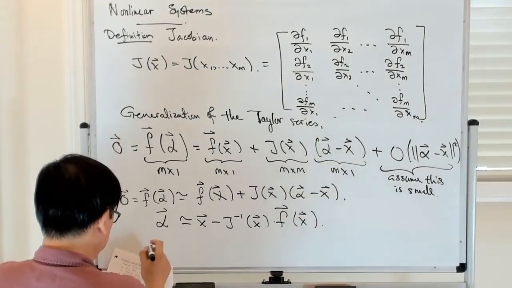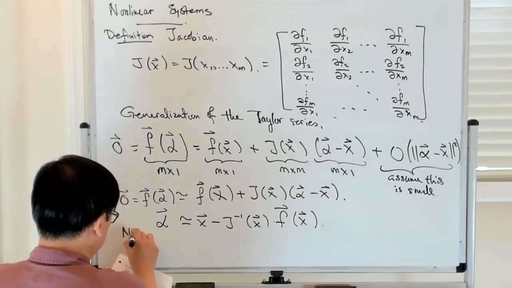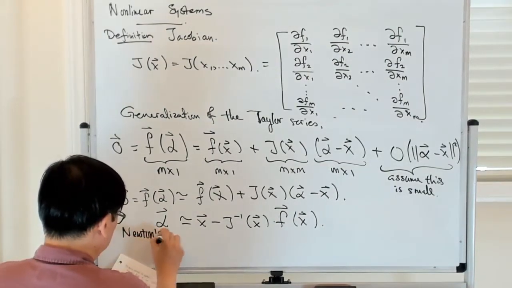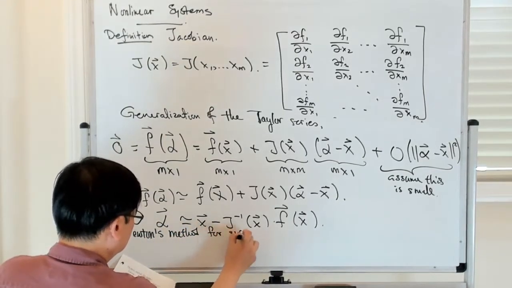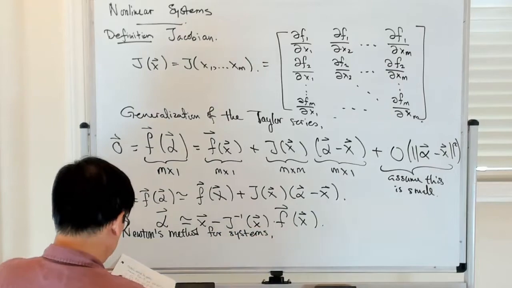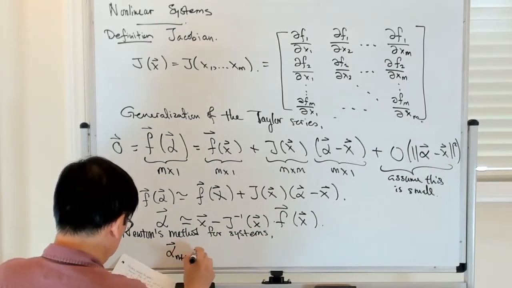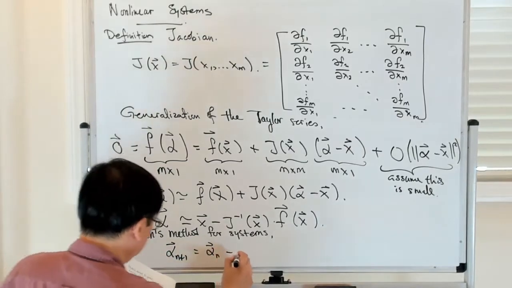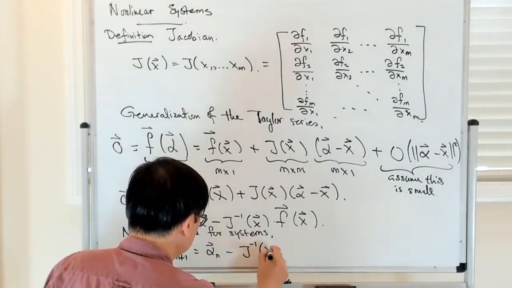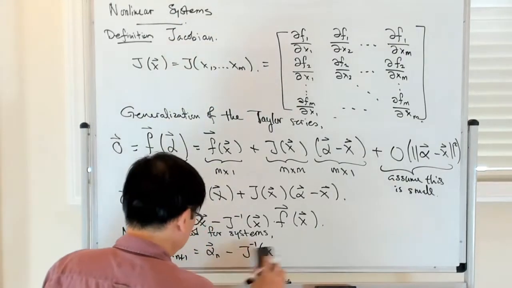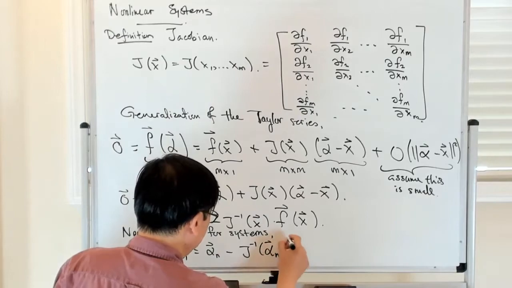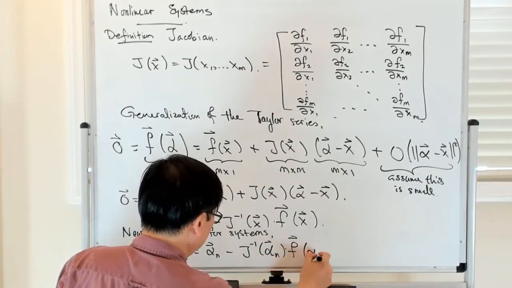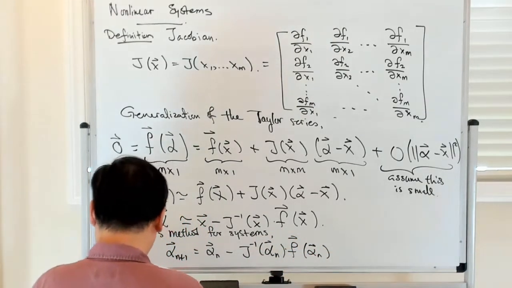So Newton's method for systems is therefore nothing more than alpha n plus 1 is equal to alpha n minus J inverse of alpha n times f evaluated at alpha n.